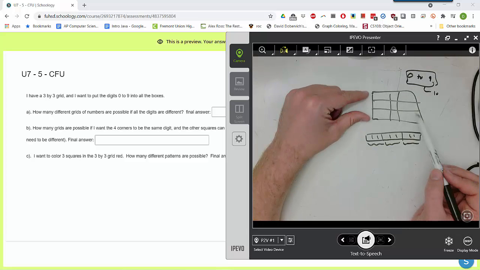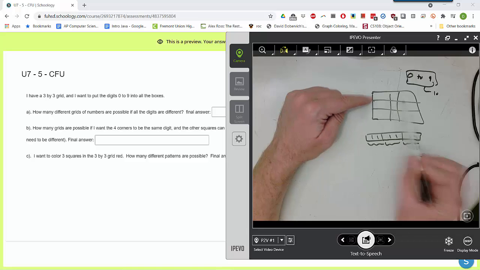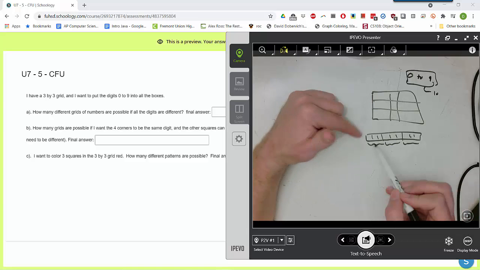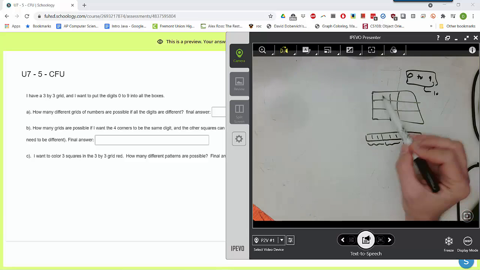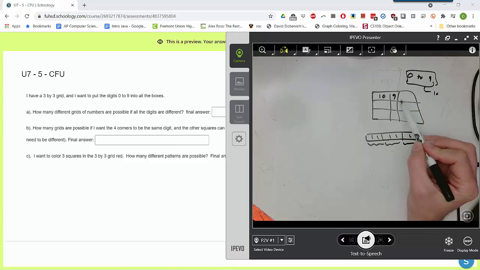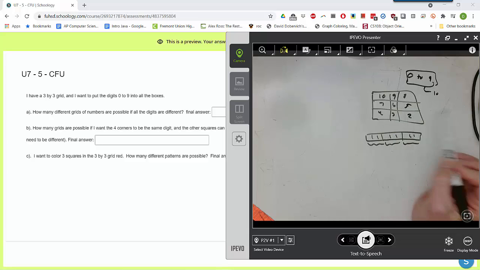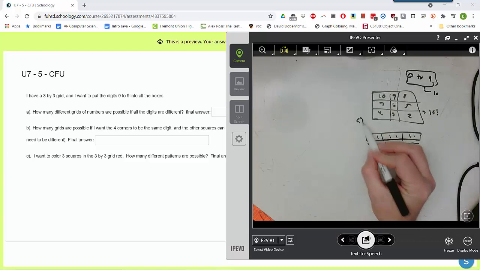So asking how many ways of putting numbers into a 3x3 grid is the same as asking how many ways to put 9 numbers in a line. It's the same problem. And so same deal. I've got 10 options I could put here, and then 9 I could put there, and then 8, and then 7, 6, 5, 4, 3, 2, like that. And this is the same thing as 10 factorial. So that's part A.